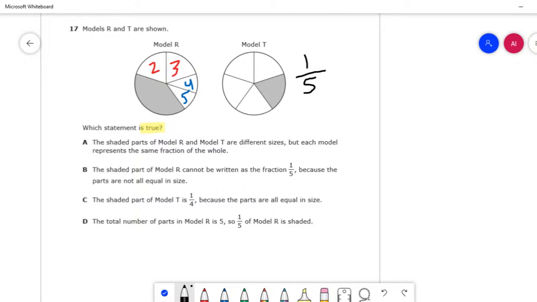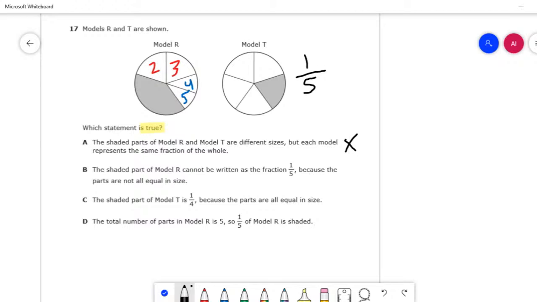Because if both of the wholes are the same size, and we have a larger section shaded on model R, then that means that the part of the whole is not the same. And we know that because on model R, the parts aren't equally sized, we can't accurately judge that that's 1/5. We know that model T is 1/5, but we don't know model R is 1/5. So because of that, we can say that this is wrong.